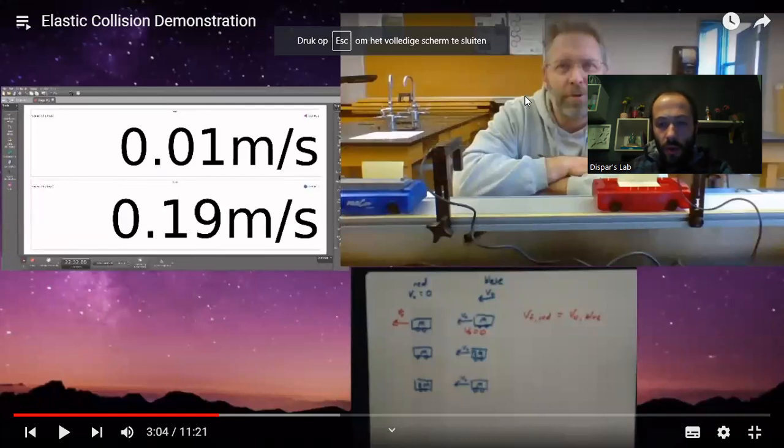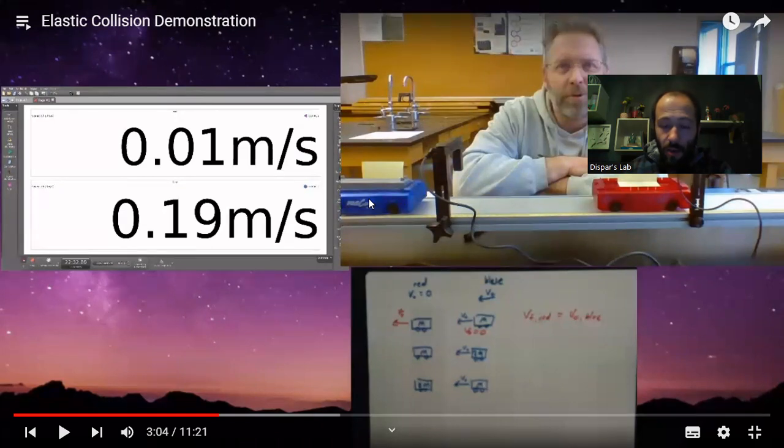This person is using a Pasco experimental set. We have a blue cart and a red cart, and even though he does not put them on a scale, they have a standard mass. In every single video where they use Pasco carts, they always have the same weights.